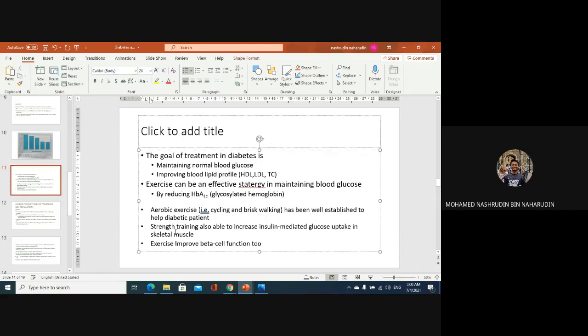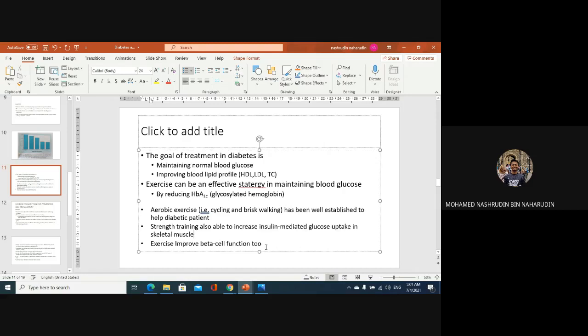Apart from aerobic exercise, there's also evidence that strength training or gym training can increase insulin sensitivity in skeletal muscles, and any type of physical activity can improve beta cell function to secrete more insulin.